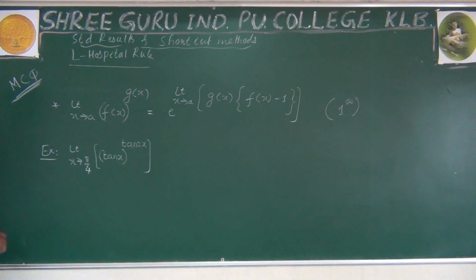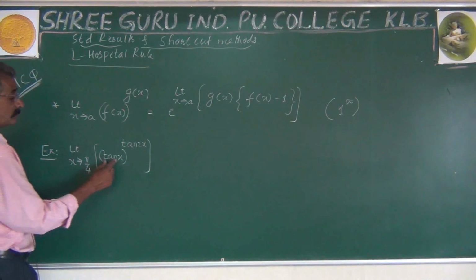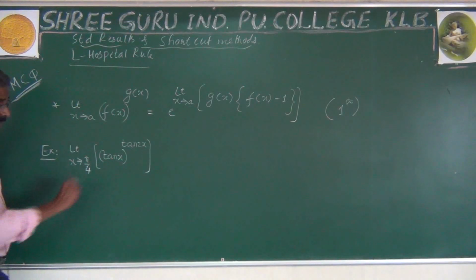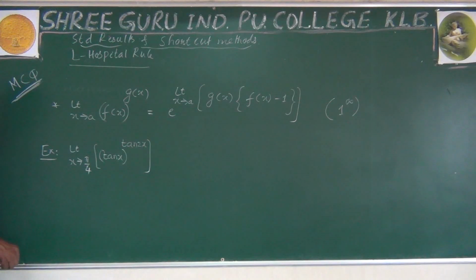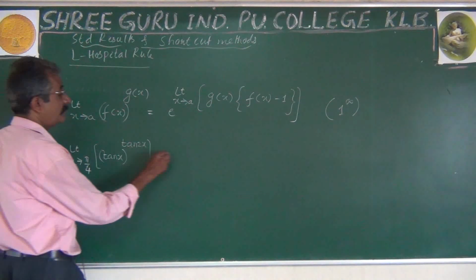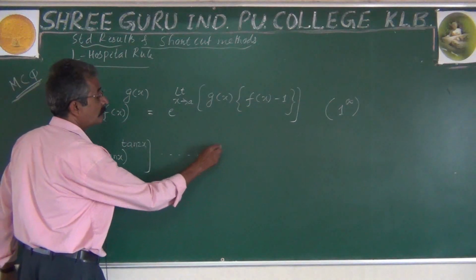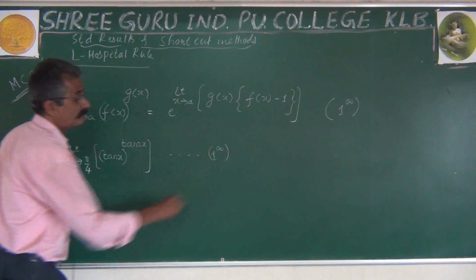Now observe, or we check it. What is tan pi by 4? 1. Here 2 into pi by 4 means pi by 2. And what is tan pi by 2? Infinity. Actually it is tending to the 1 to the power infinity form.